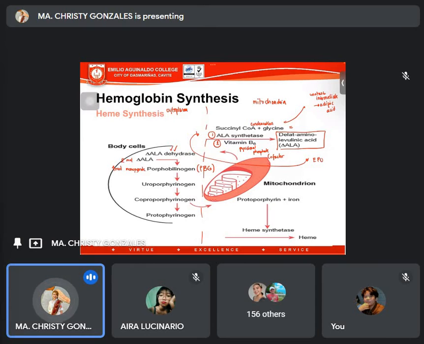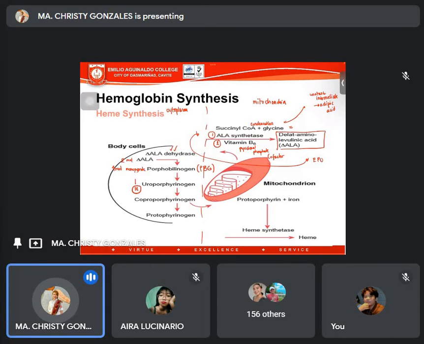Now, the 4 molecules of PBG will condense to form uroporphyrinogen. There are two isomers, 1 and 3. So the isomer that will be used in the heme synthesis is isomer 3.